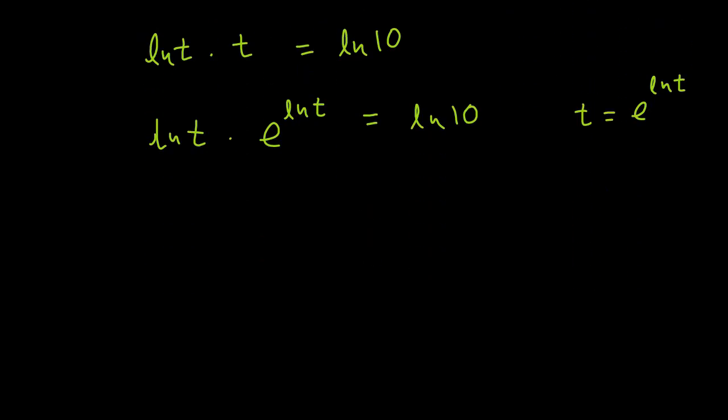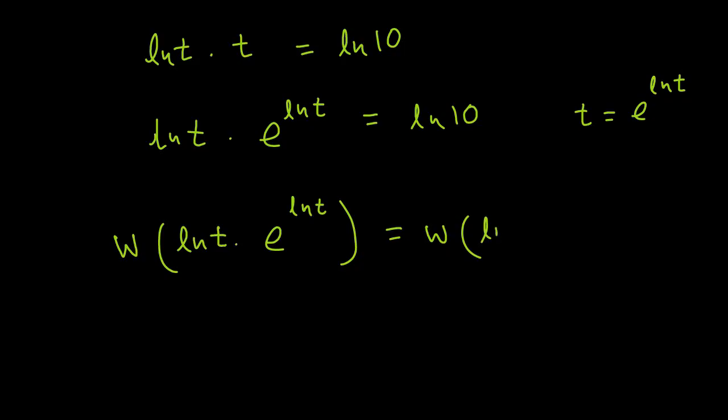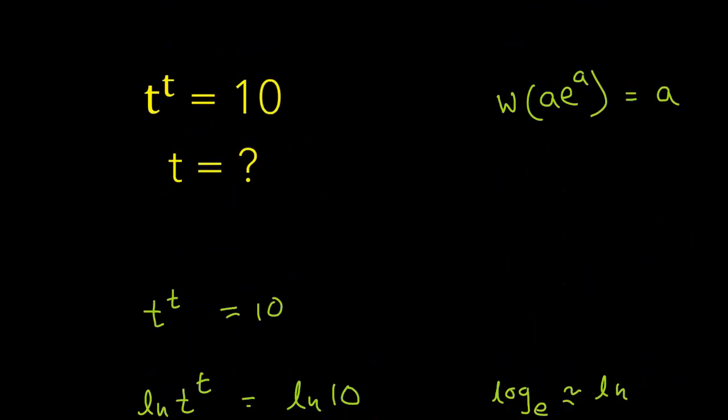Next, if we apply the Lambert W function on both sides, we can write W of ln t e to the power ln t equals W of ln 10. We know from the Lambert W function, if we have W of a e to the power a, it gives us the result of a.